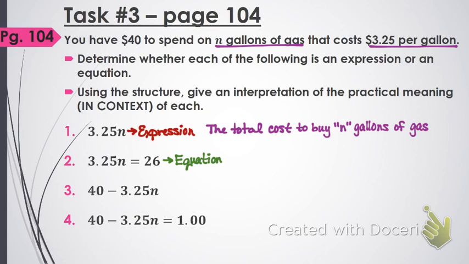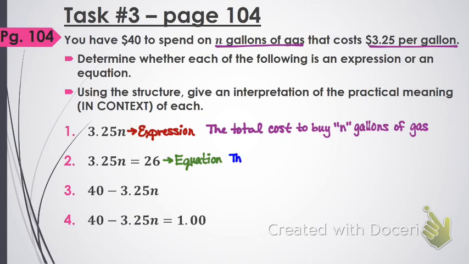If I solved this equation and I got an answer for N, what would it tell me? The specific number of gallons that we bought. Why is it equal to 26? That's how much it costs. So if I were to solve this, it would tell me how many gallons were purchased if $26 was the total cost.